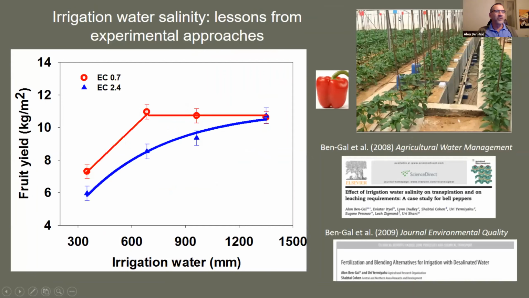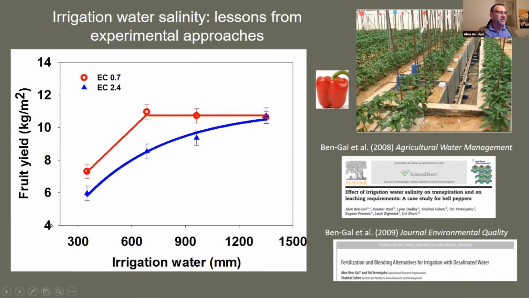Just as an example from some experimental work, this is some work with bell peppers in the Arava region of extreme desert in a net house. And we evaluated two irrigation water qualities, lower salinity and a higher salinity, which is this very typical salinity that our farmers are using.